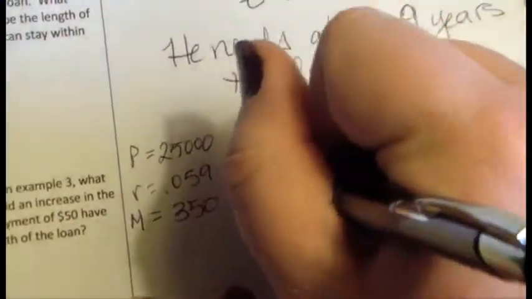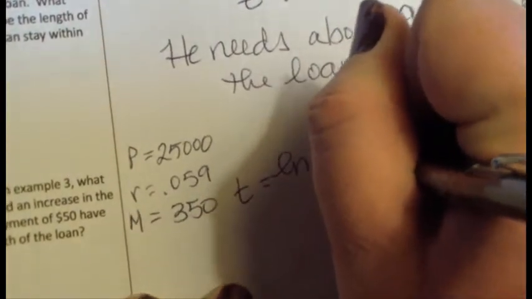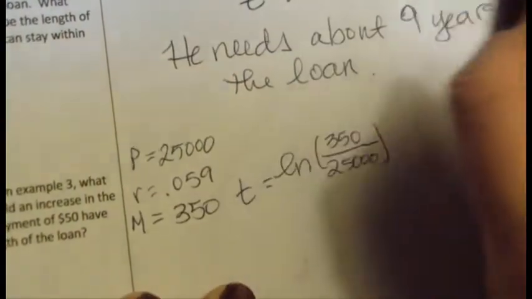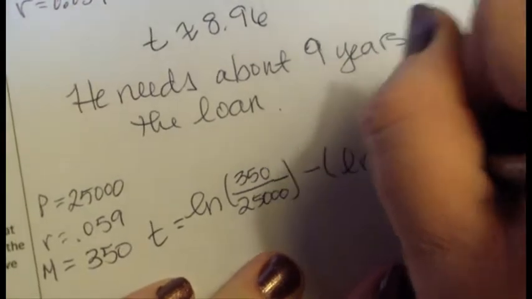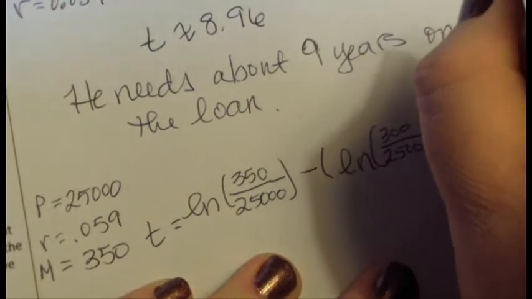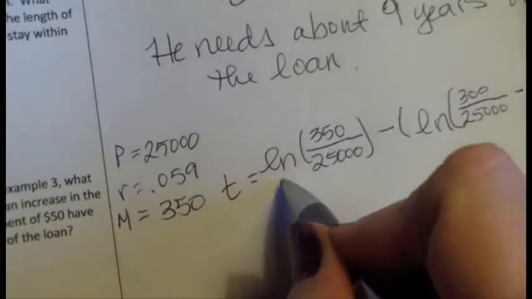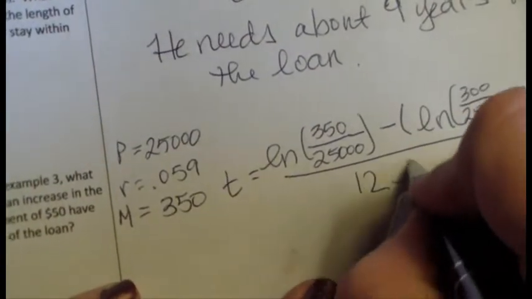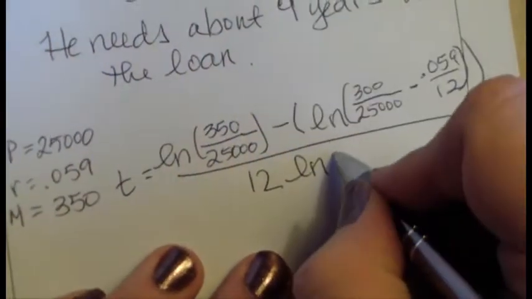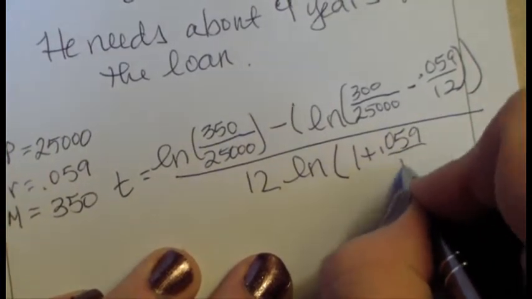So, plug it into your formula. ln of 350 over 25,000 minus the natural log of 300 over 25,000 minus 0.059 over 12, over 12 natural log of 1 plus 0.059 over 12.